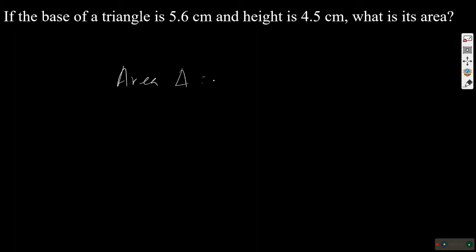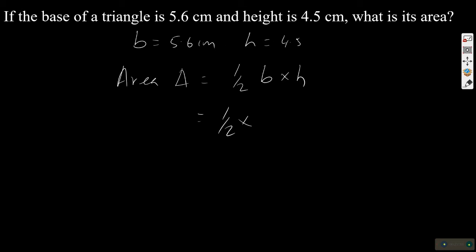Area of the triangle is calculated by the formula half base into height. Half the base is given as 5.6 centimeter and height is given as 4.5. You will copy it and start, base is equal to 5.6 and height is equal to 4.5. You will multiply and you will get the answer.